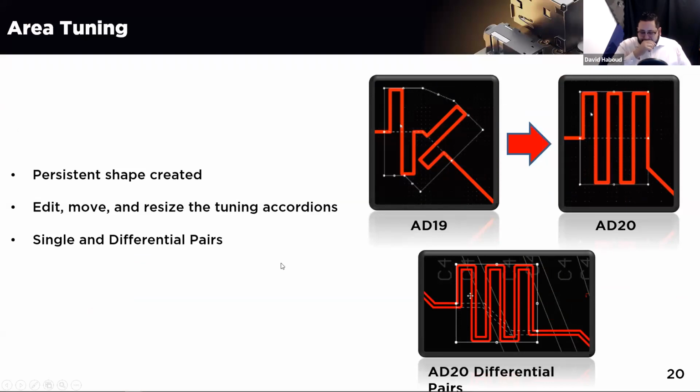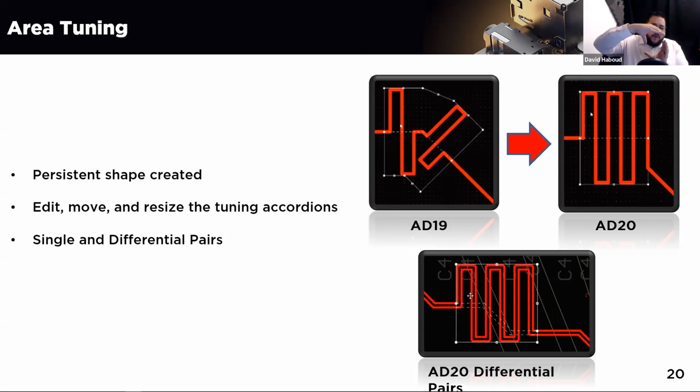Area tuning. Okay, so I'm sure I'm not the only one that has had this issue before when you're trying to tune something, and you've made the shape, and you need to move it around, and you have kind of an issue.